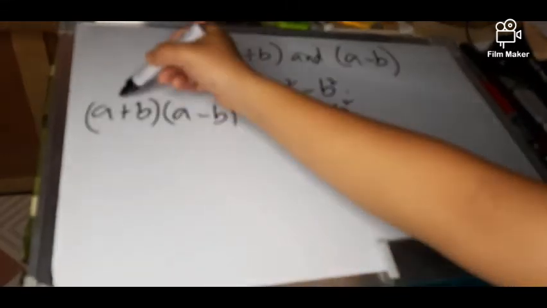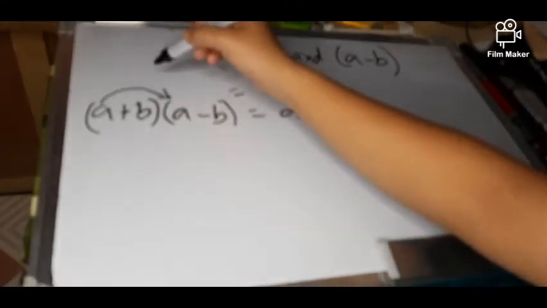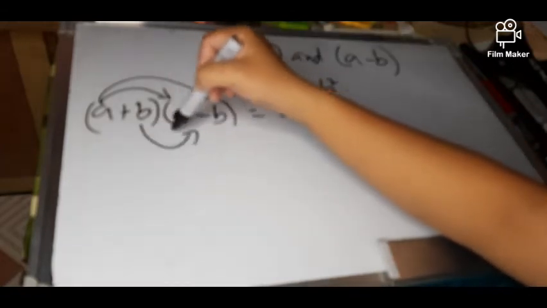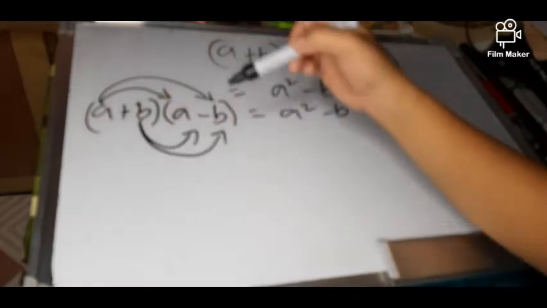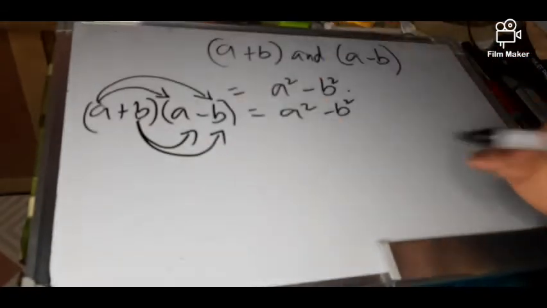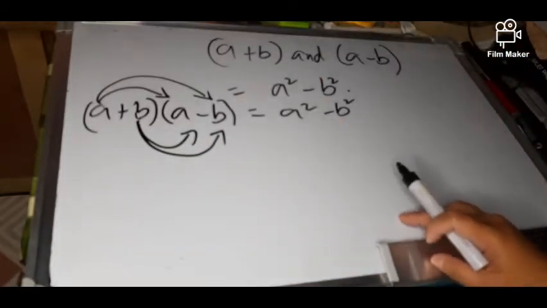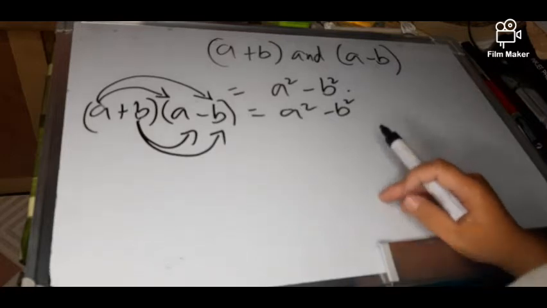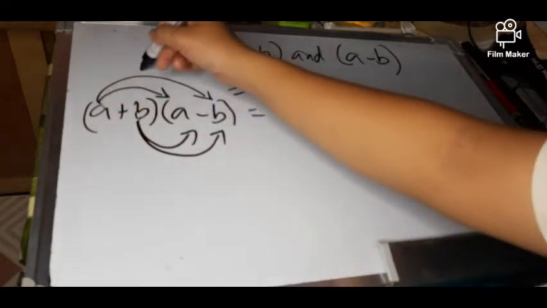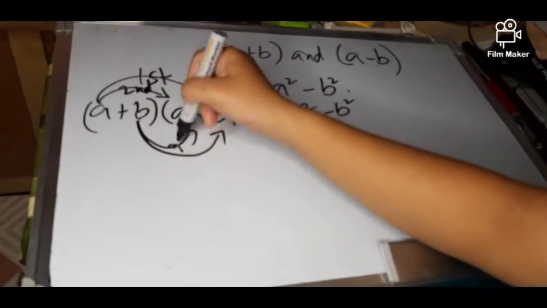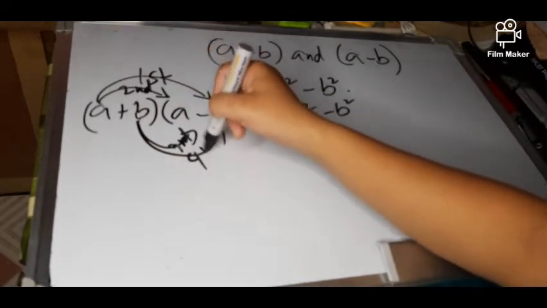Ang pagsasolve dito, first term to the first term of other and yung tinatawag niyang FOIL. Ayoko kasing gamitin yung FOIL pero for the sake of the explanation of books, explain ko rin kung paano nila nakukuha yung mga yan. Okay, so, first, second, third, fourth.